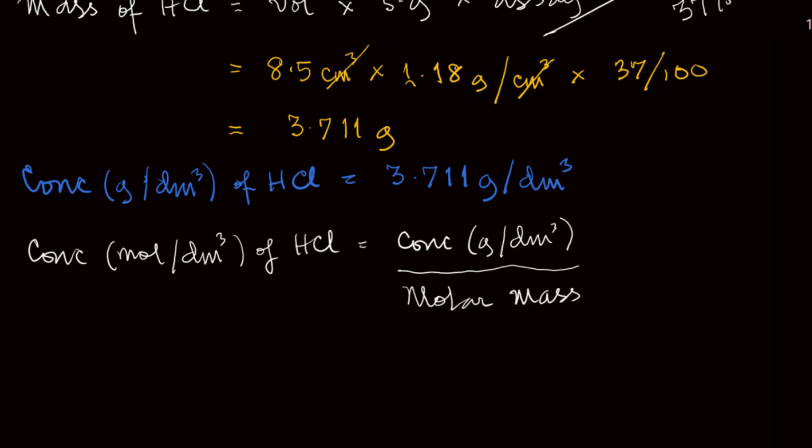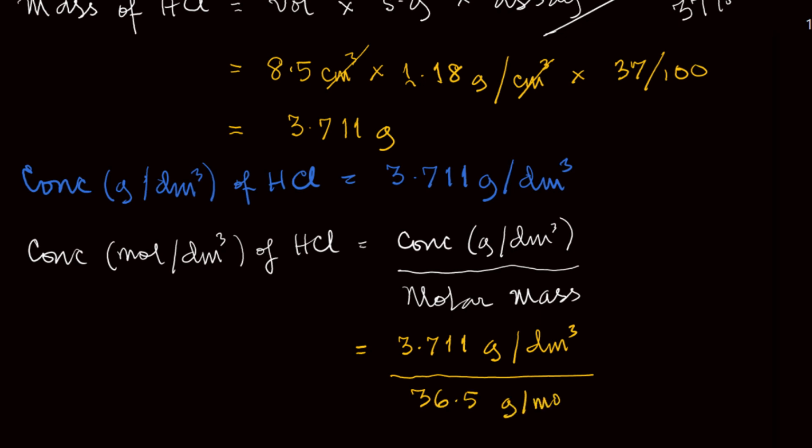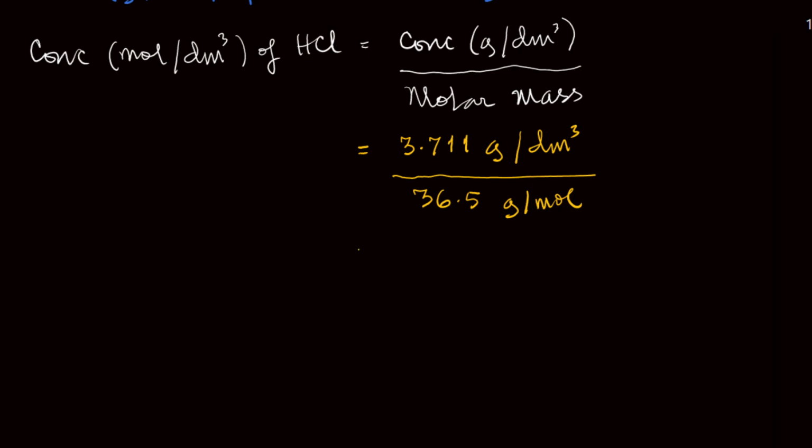And since we have calculated the concentration in grams per dm cube to be 3.711 grams per dm cube, we're going to divide this by the molar mass of HCl, which is 36.5 grams per mole. If we evaluate this, that will give us about 0.101 mole per dm cube. So remember, this value depends on the assay and specific gravity of the stock acid you're using.